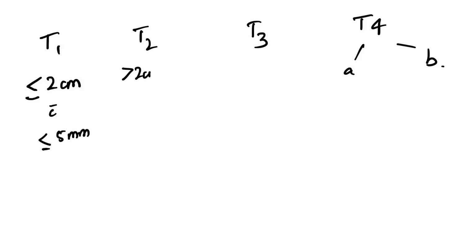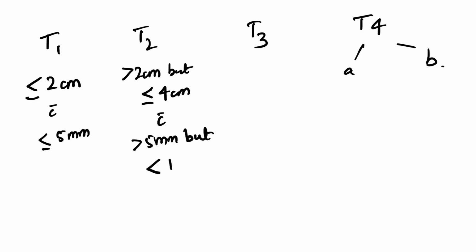T2 is more than 2 centimeter but less than or equal to 4 centimeter with depth of invasion more than 5 mm but less than or equal to 10 mm. T3 is more than 4 centimeter or more than 10 mm.